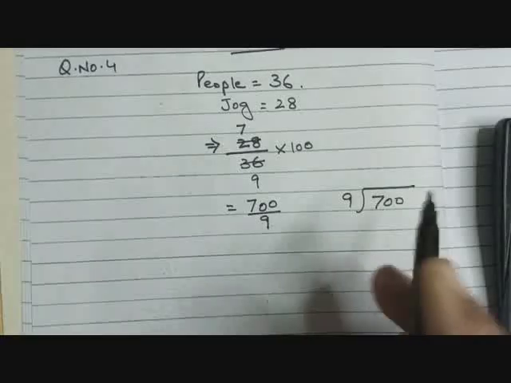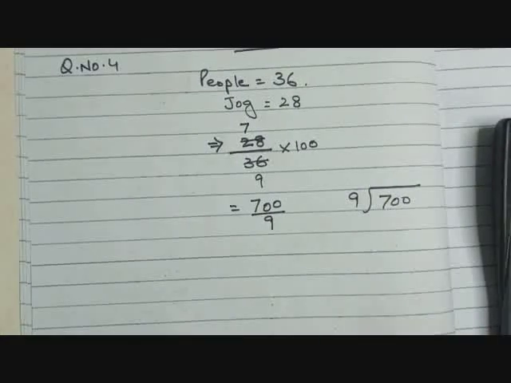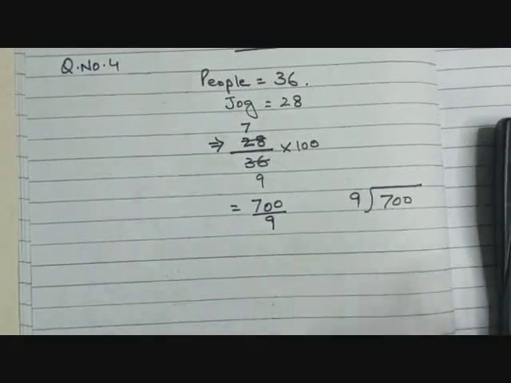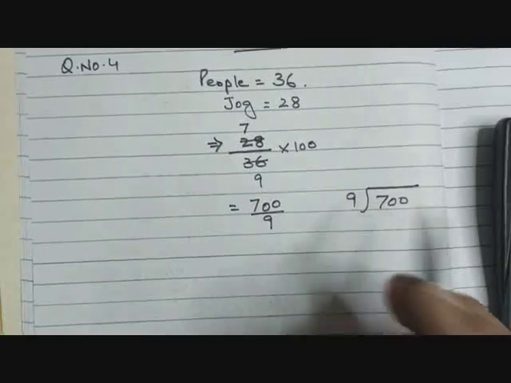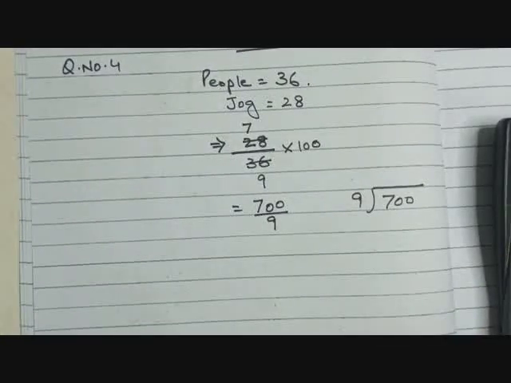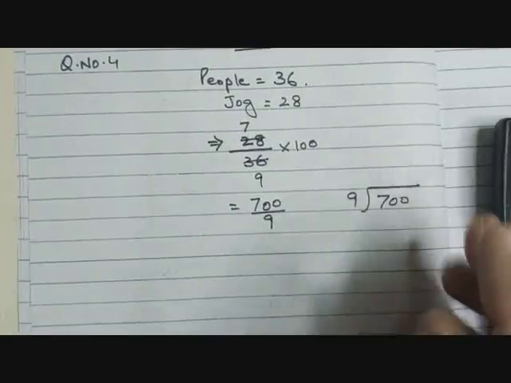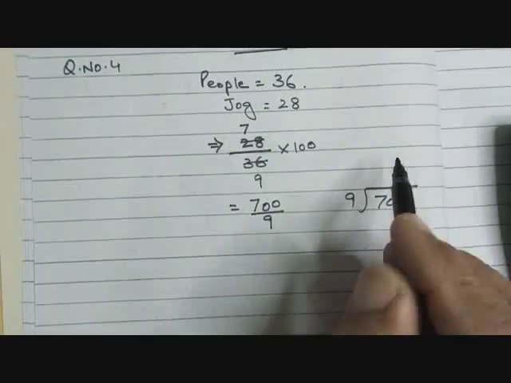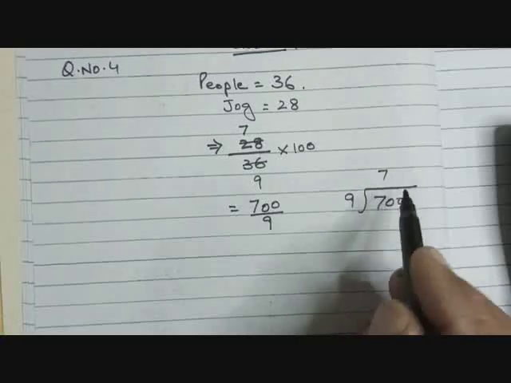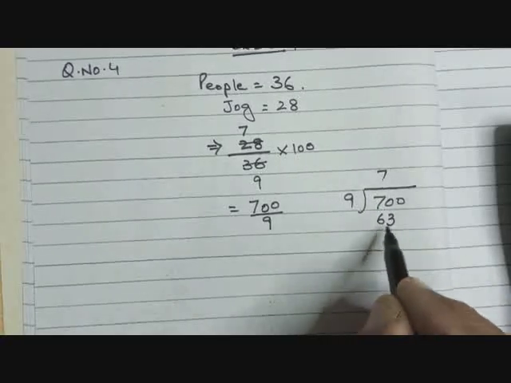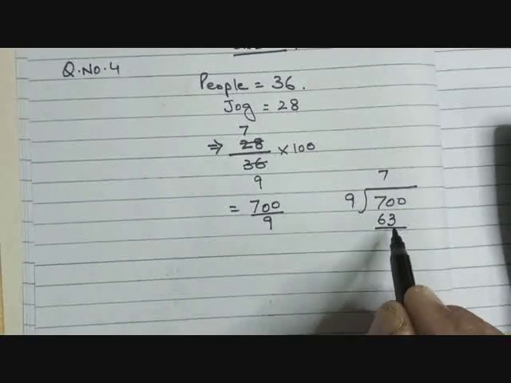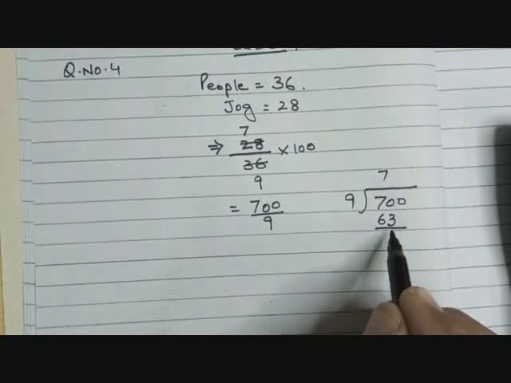Very easy, because 9 7 times is 63. So you see what is coming out of here.